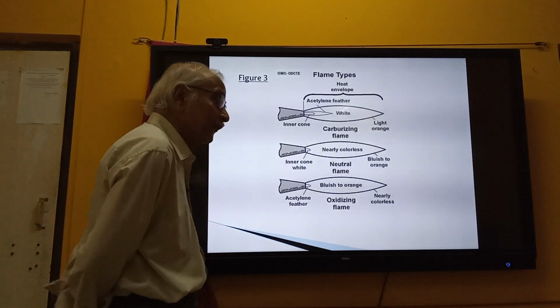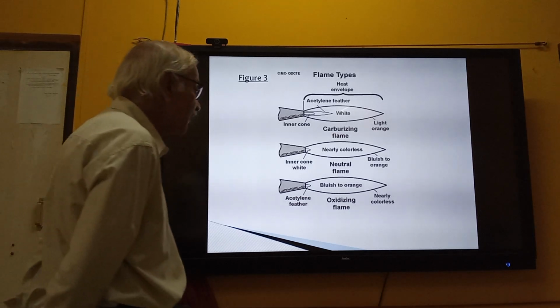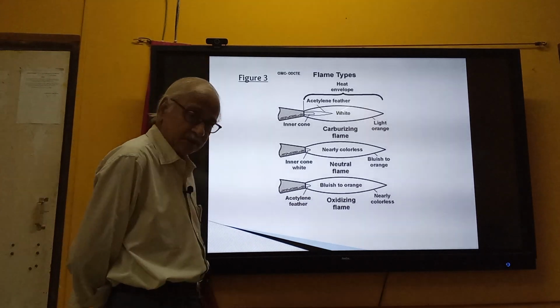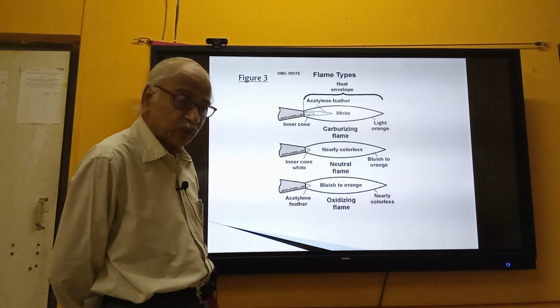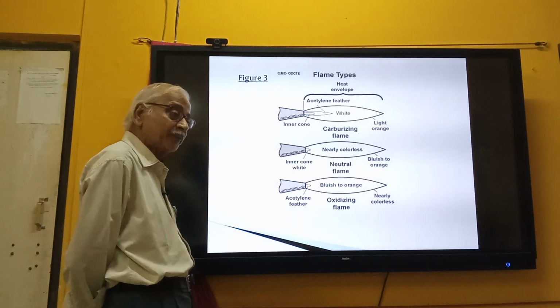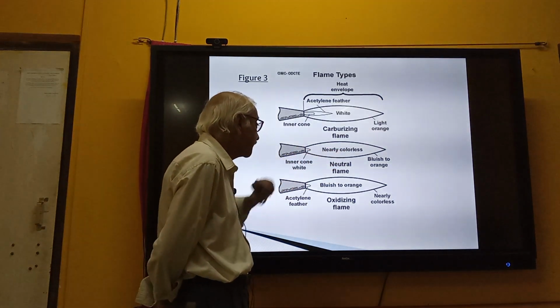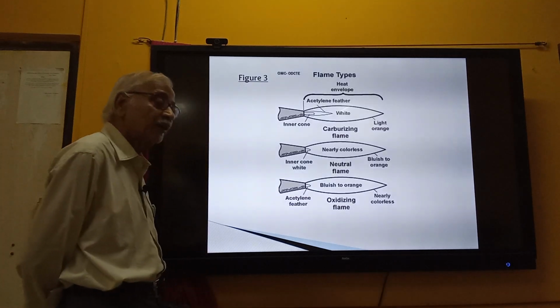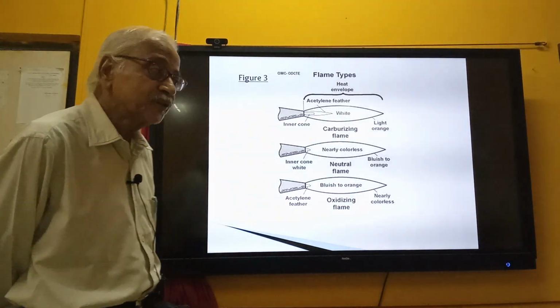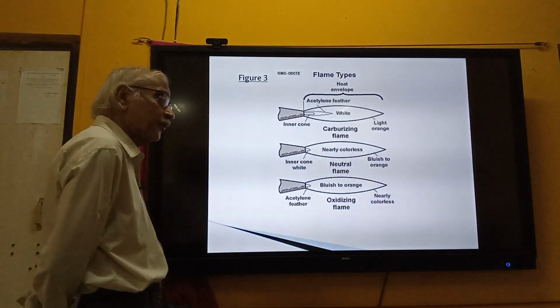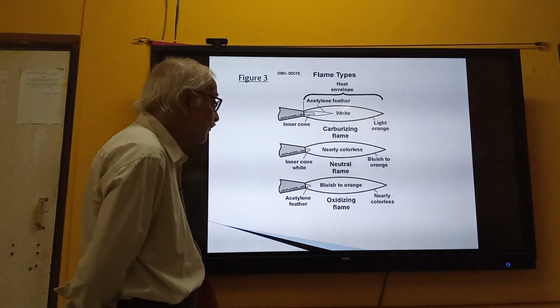Second is the neutral flame. In a neutral flame, oxygen and acetylene are both in equal amount. That means 50% oxygen and 50% acetylene is mixed, and we get a colorless flame which is called a neutral flame. This is used for mostly all general welding purposes, particularly for mild steel.